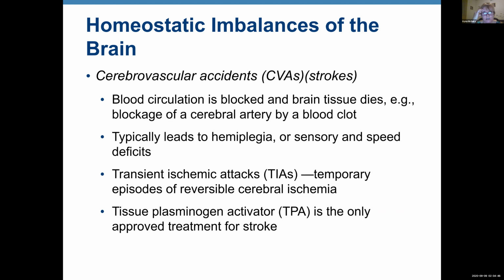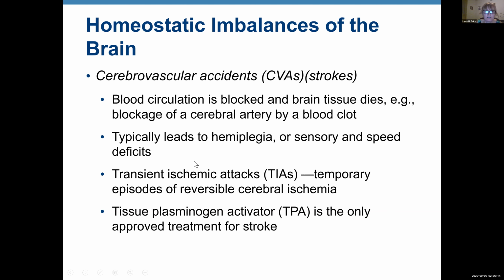And unfortunately, neurons don't reproduce, they don't divide, right? So this damage is permanent damage. But the good thing is, because your brain is pretty flexible, another part of the brain can take over the function of the damaged part.